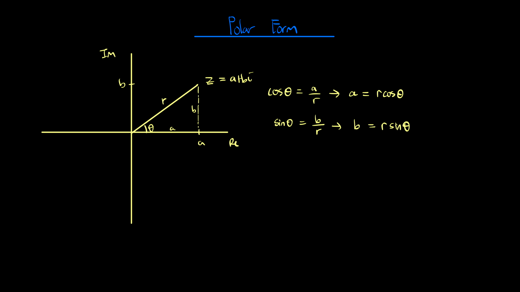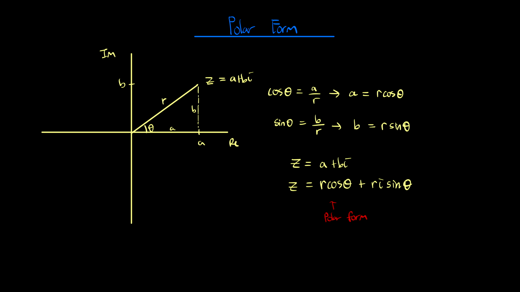And what can we do with this? We can actually replace z equals a plus bi with these trigonometric identities. So this is going to become r cos theta plus r i sine theta. So that's a new way to represent a complex number, and this is what we call polar form.